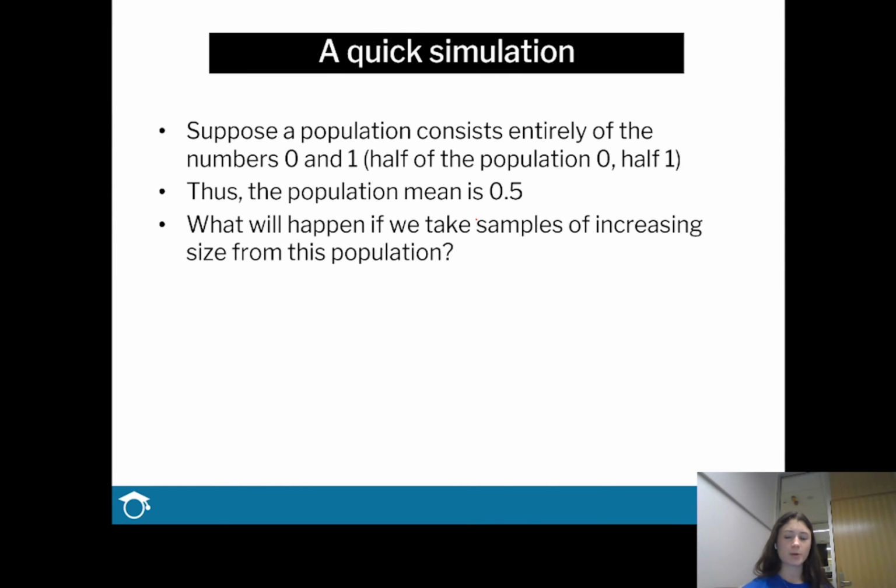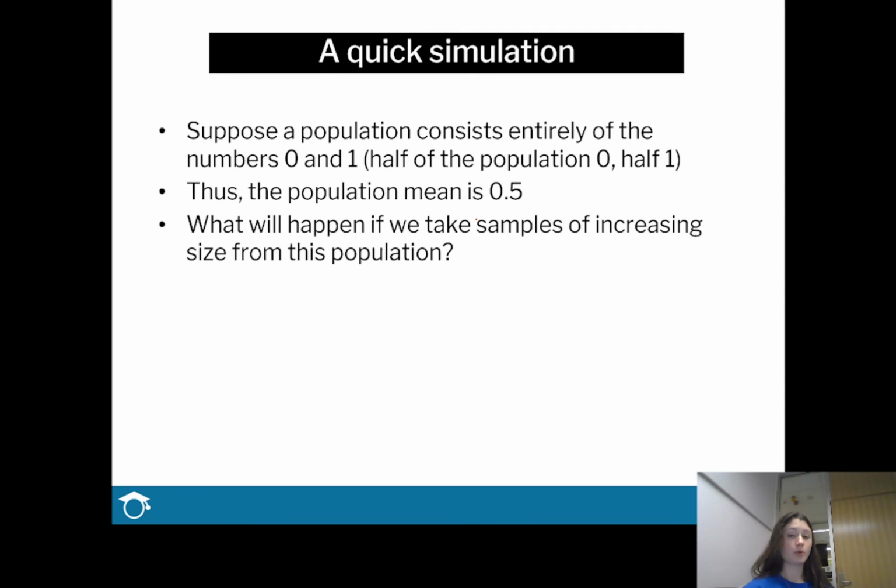If we just do a quick simulation to demonstrate what I'm talking about, suppose that a population consists entirely of the numbers 0 and 1. So half of the population is 0, half the population is 1. Thus the population mean is 0.5. What would happen if we take samples of increasing size from this population?